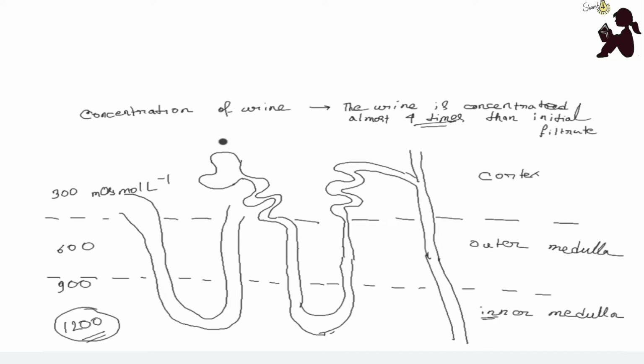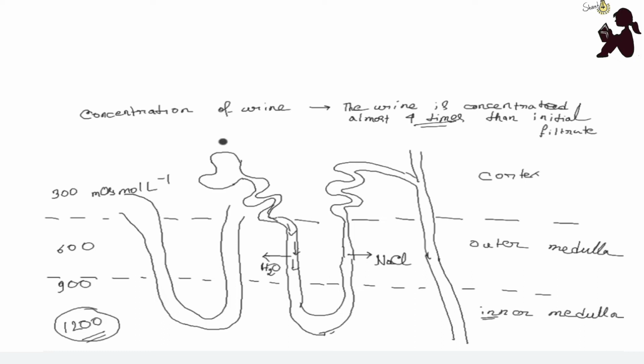Now students, I have already told you that when urine passes like this, from here water gets out. Okay, and from the ascending limb NaCl gets out.